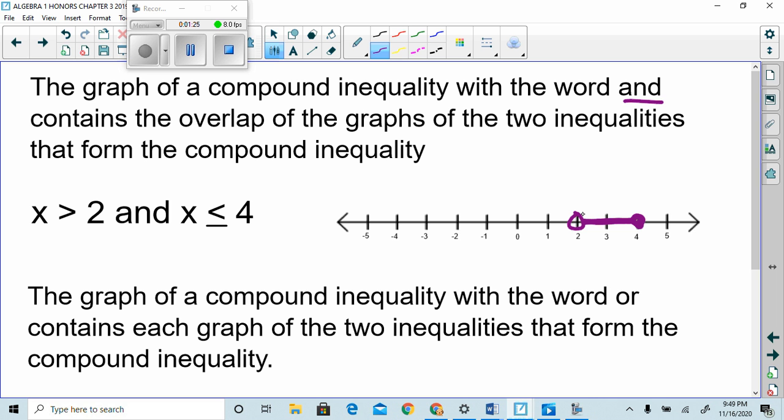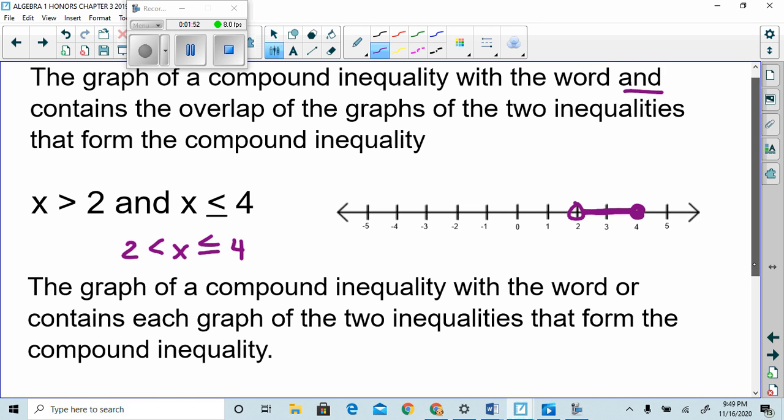It can only go between 2 and 4, and it doesn't contain 2, but it does contain 4. This can also be written as x is less than or equal to 4 and x is greater than 2. Okay, so we're going to be looking at it as two separate inequalities or one compound inequality.